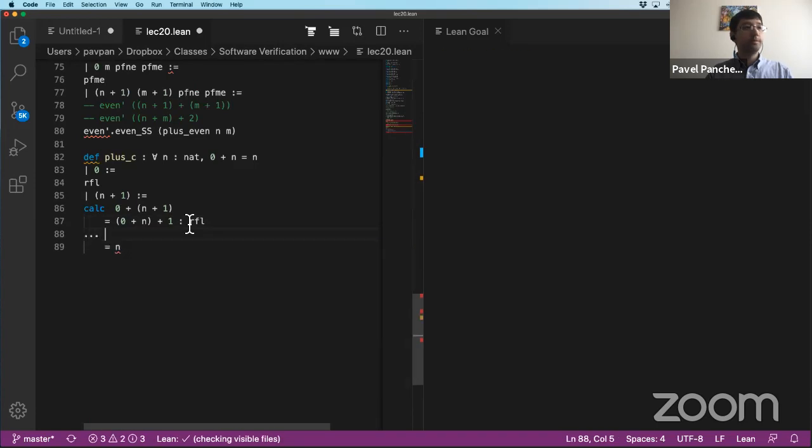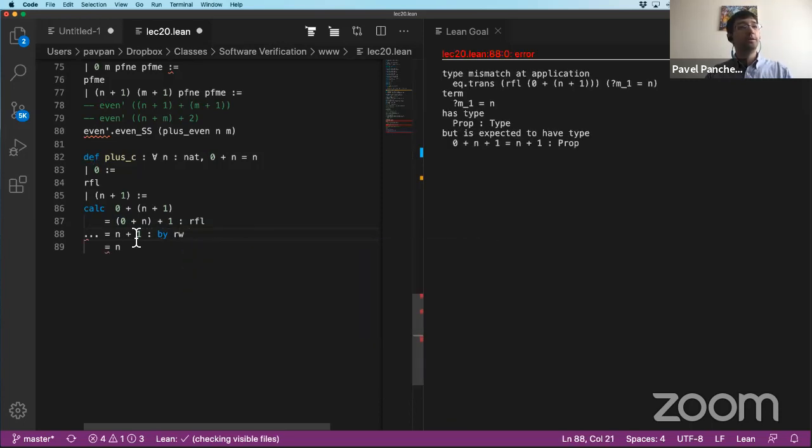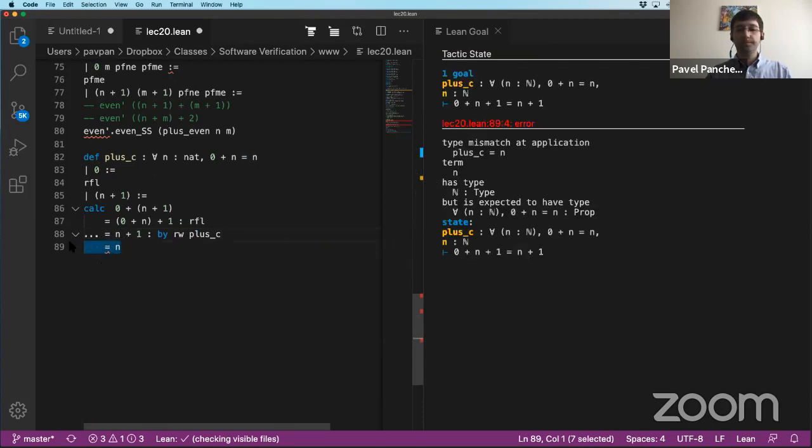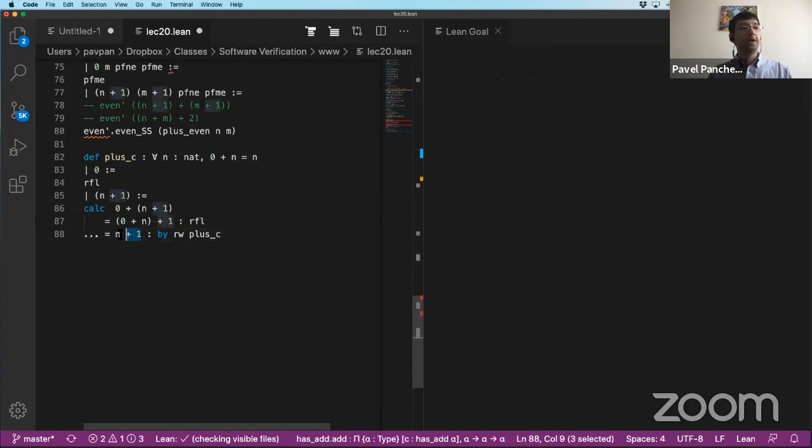Now, you can see that we have a term that looks much like the input to the theorem we're defining. So we can actually apply this inductively by saying rewrite with plus c. And then n plus 1 is exactly the right-hand side here that we want to produce.